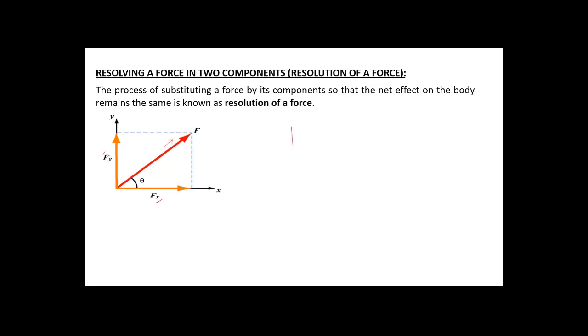Let us understand this. Let us say this is the x-axis and this is the y-axis. There is a force F making an angle theta with the x-axis. So this force can be resolved into two components, that is F cos theta and F sin theta. Now the question is which component will be F cos theta and which will be F sin theta.